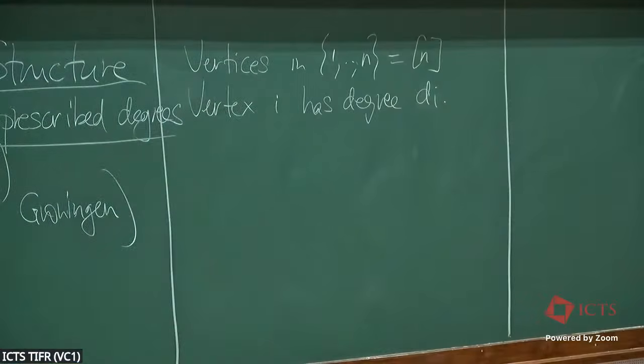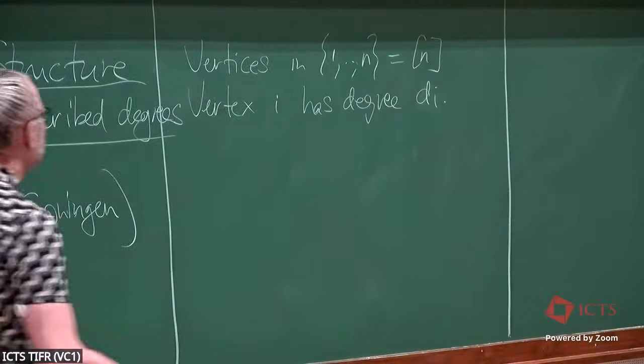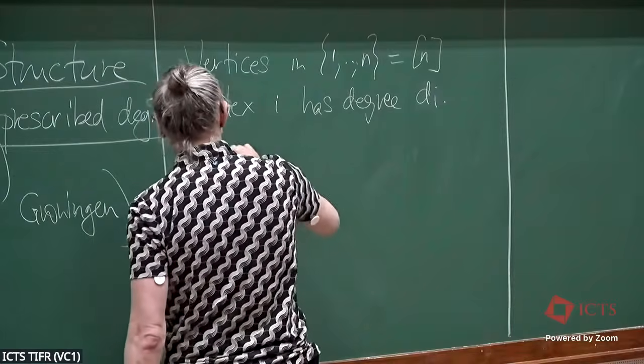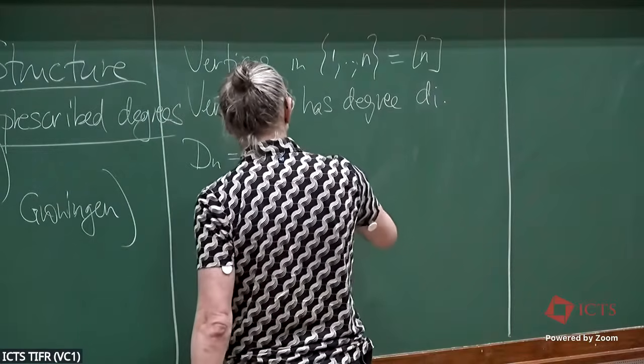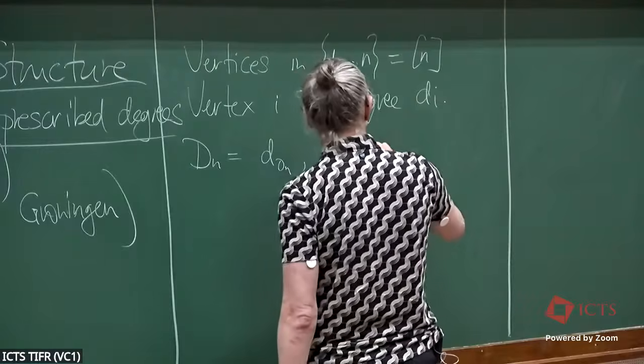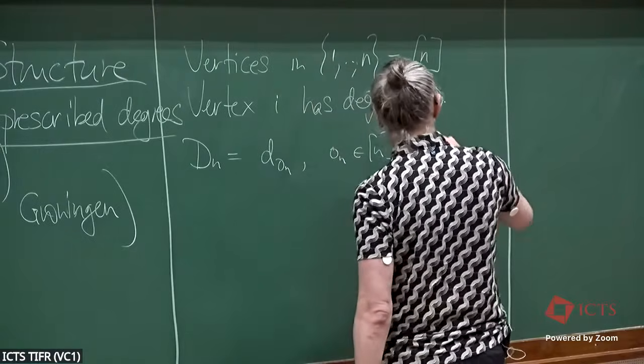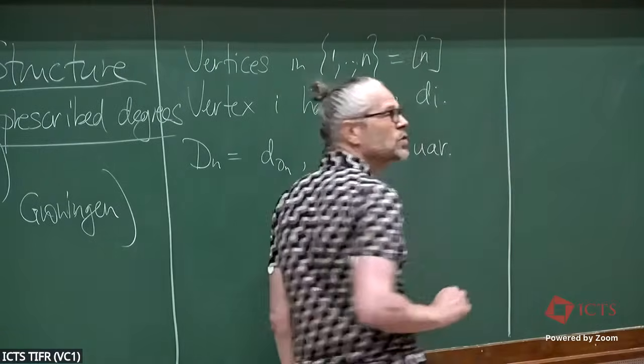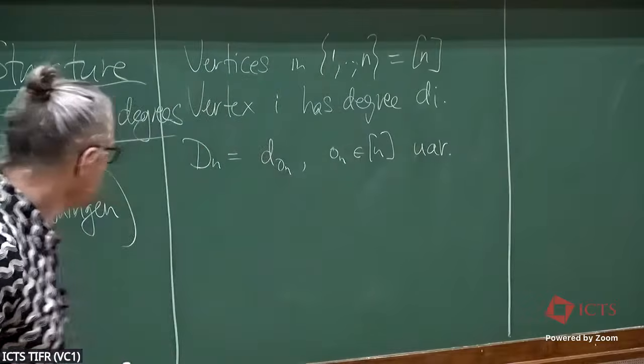I will phrase things in terms of the random variable D_n, which is the degree of a uniform vertex chosen uniformly at random.